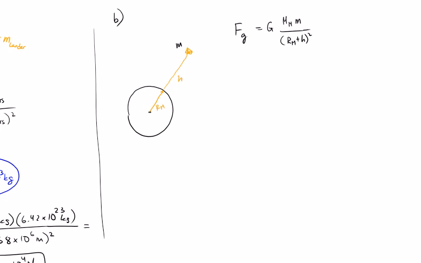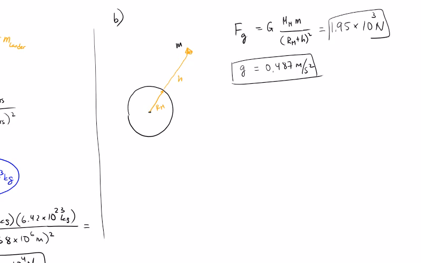Instead, I am going to let you do it on your own and find the answer, and you should get the value of gravity at the given height of 1.95 times 10 to the 3 newtons. And the gravitational acceleration at that height equals 0.487 meters per second squared. So this should be your answers, but you need to do the calculation. You do it.